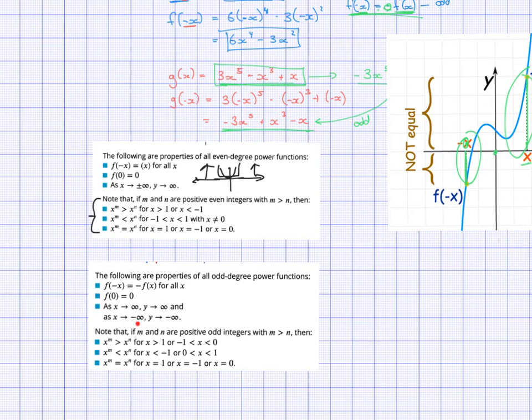As x approaches negative infinity, y approaches negative infinity, which makes sense because we know that as x gets bigger that way, y increases up there for a cubic. As x gets bigger to the left, y gets bigger going down. So that makes sense. We already know that. This is just written in notation that might look a little bit different. And again, these will make sense as you come to do examples with them.